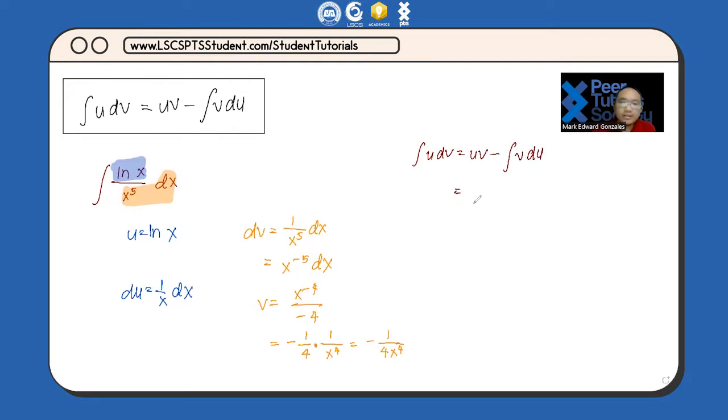Color coding, u is ln x, v is negative 1 over 4x raised to 4. Transfer this a little bit to the left.